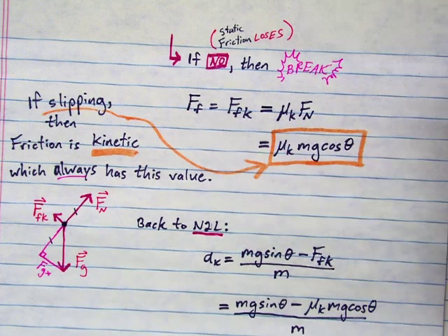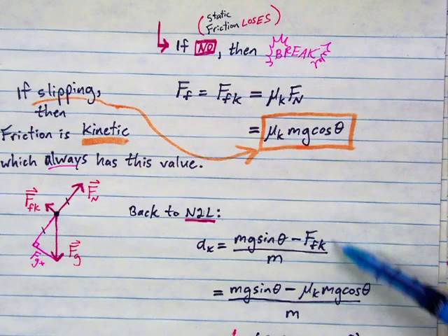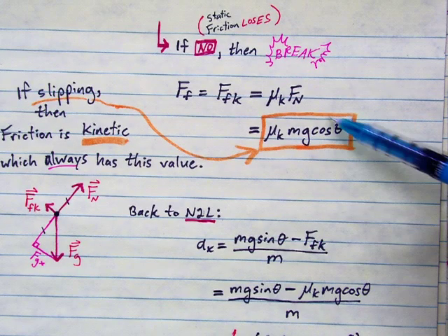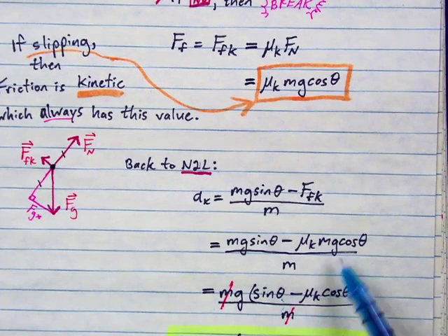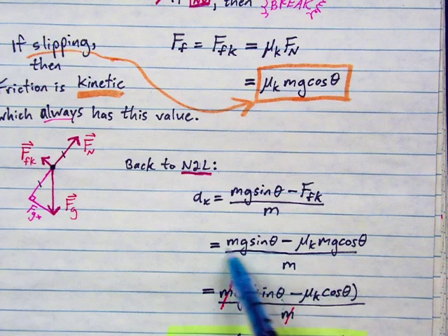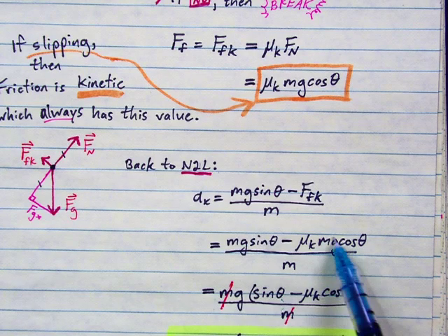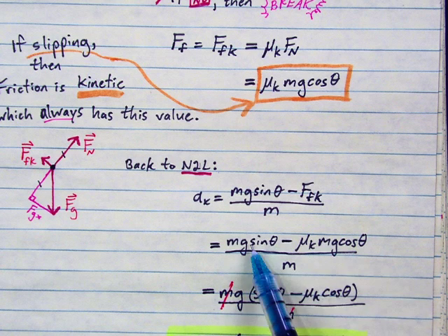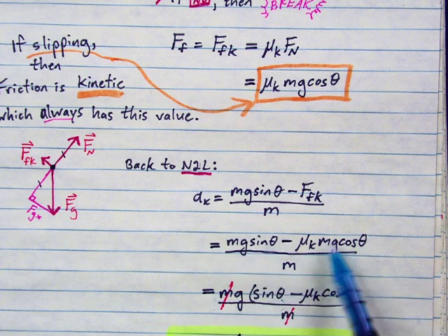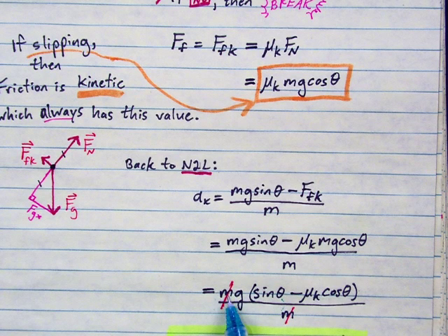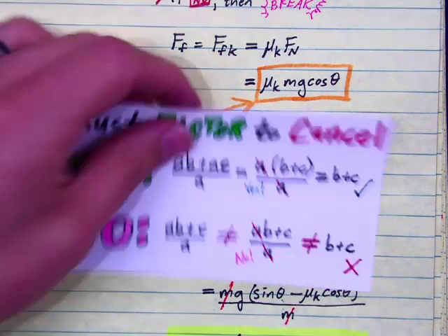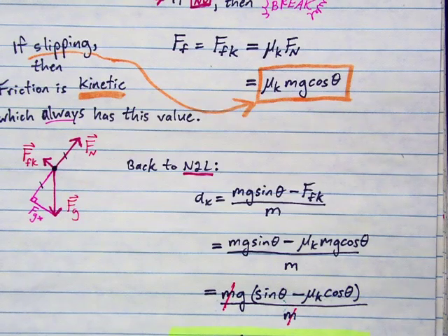And going back to Newton's second law, we can sub in for our force of friction FFK, this expression, mu k mg cos theta. Looking here, I have an mg in this term in the numerator and an mg in that term, so I can factor out an mg from both terms in the numerator. As I've factored out an m, there's an m in the denominator. Those m's can cancel because I was able to factor them out first.